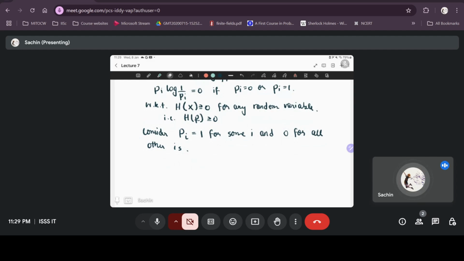Or a better way to say it is that p i equals 1 for i equals j and 0 for all i not equal to j, where j is some fixed number in the set 1 to n.